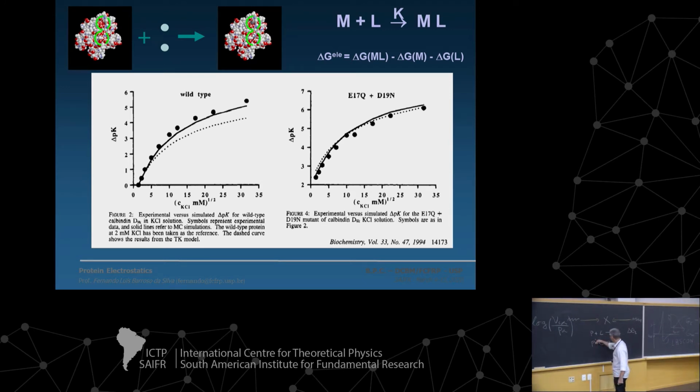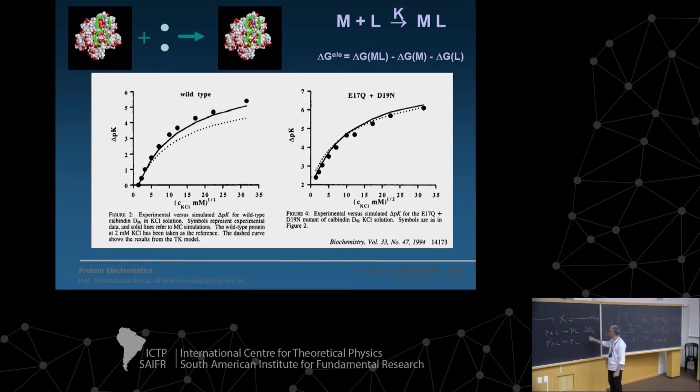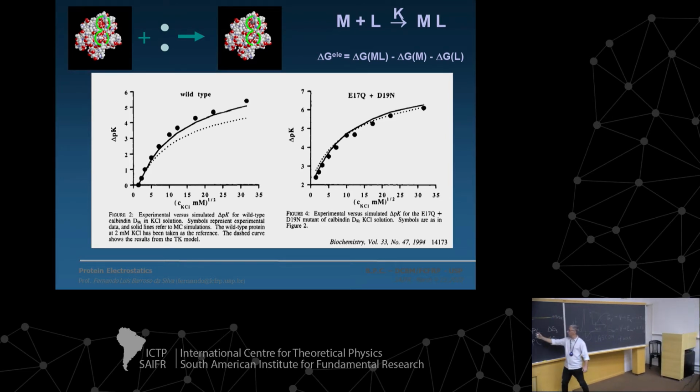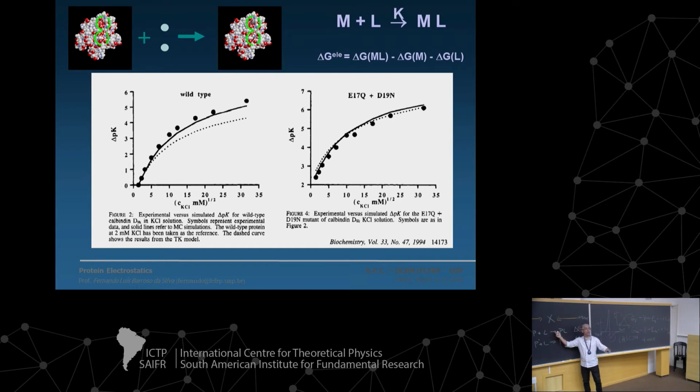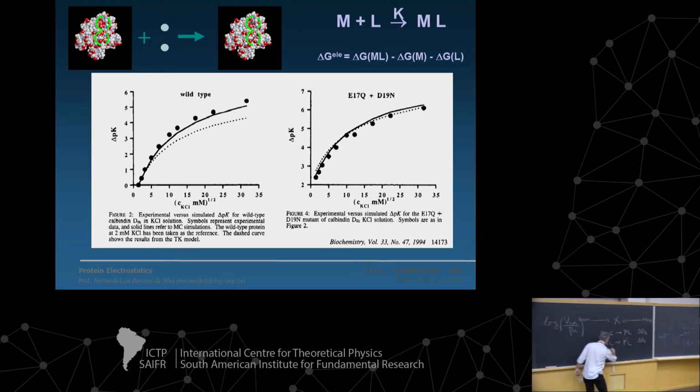So, for instance, I can have another protein, let me call it P prime, and then I'm going to have another complex. And this, of course, is going to give me another free energy. Or I can change my environmental conditions. I can change, for instance, the salt concentration. And this is also going to give me another free energy. One thing that's often interesting for us to do is to calculate the variation of this one.